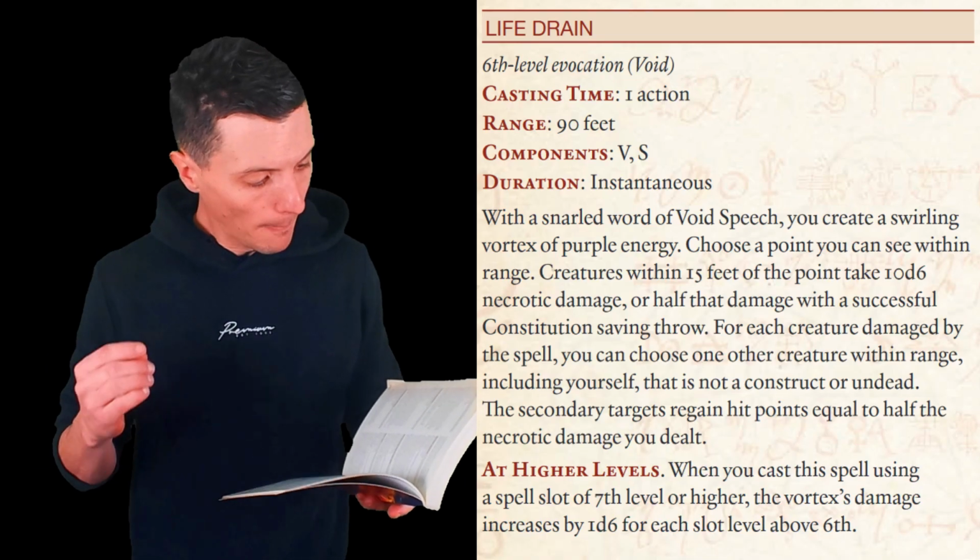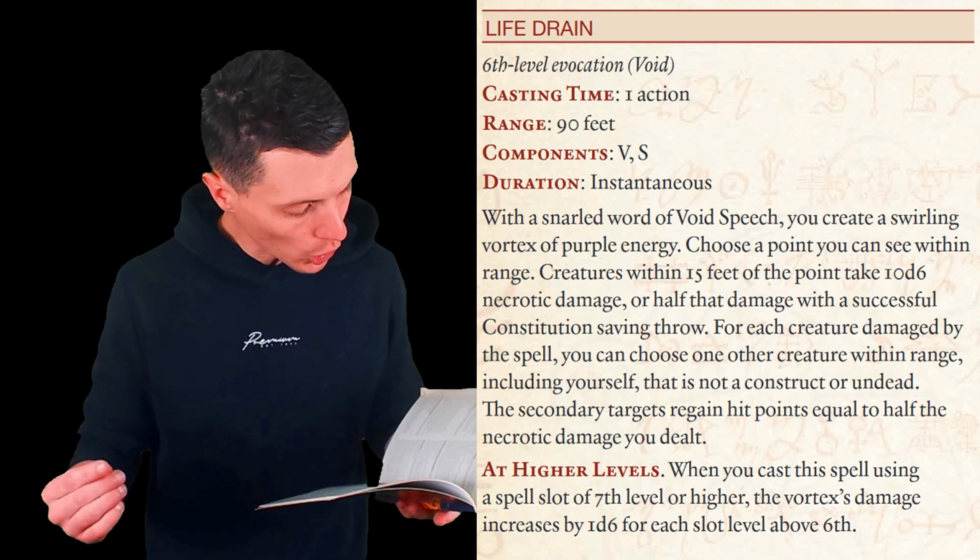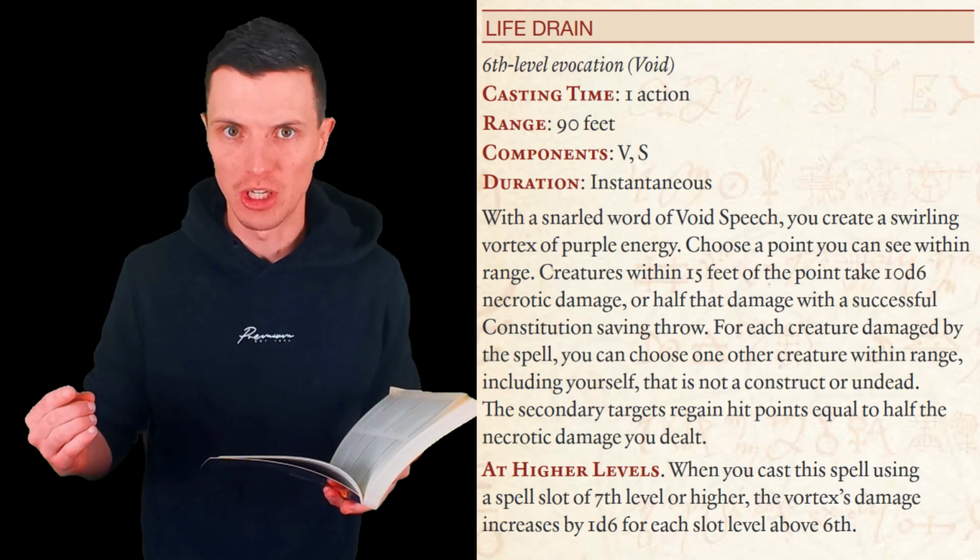Now for more spells, you can always look into Deep Magic, because right here they go a little bit deeper into void magic. As a matter of fact, there's an entire section with new void magic spells, and my absolute favorite void magic spell is a 6th level evocation void magic spell, which is called Life Drain. Basically, you create a swirling vortex of purple energy, right?